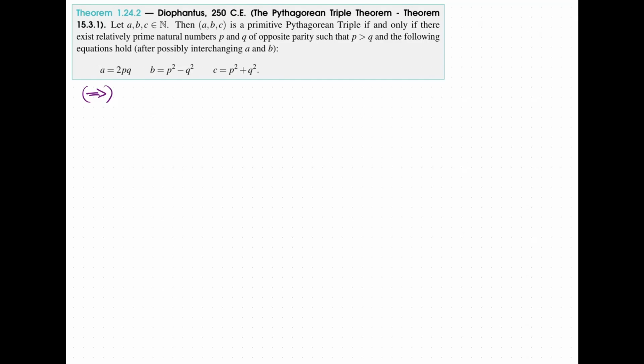So we're going to start off by claiming that C is odd. So let A, B, C be a primitive Pythagorean triple. We claim that C is odd.